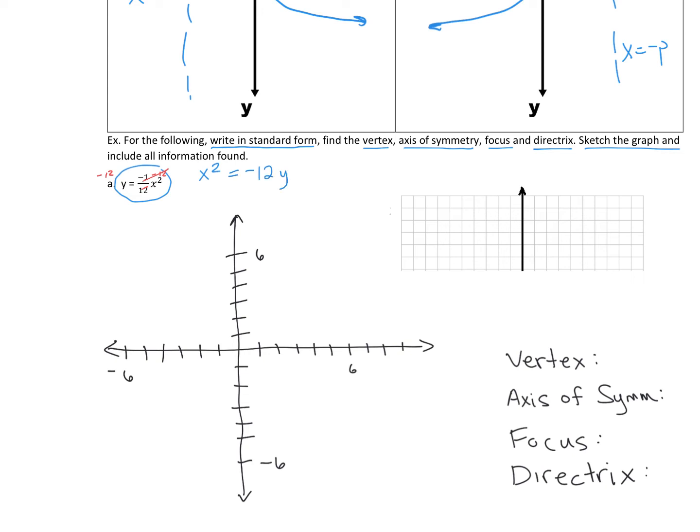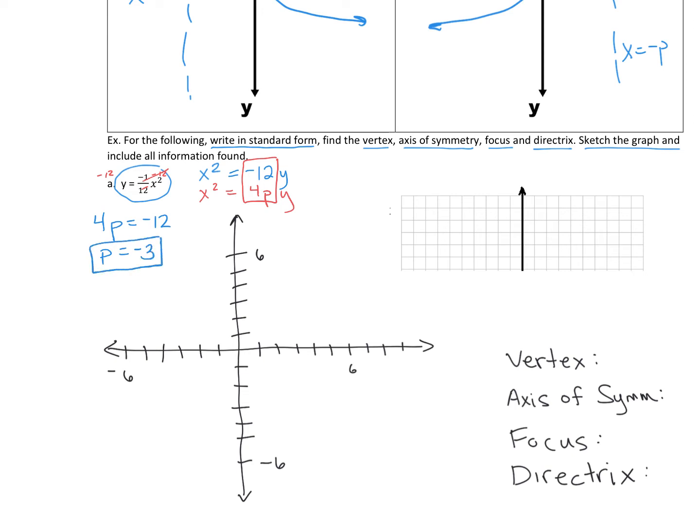So I know that this is of the form x squared equals 4py. That means that this negative 12 is 4p. So if 4p equals negative 12, p is negative 3.